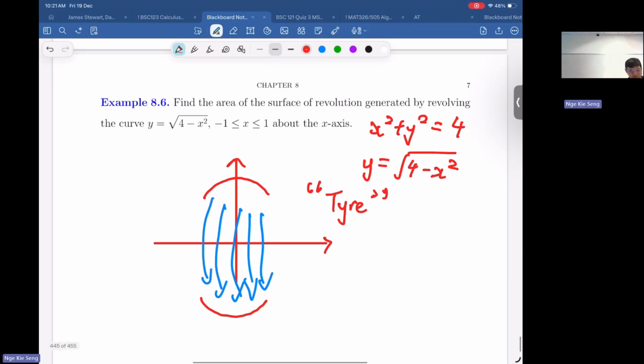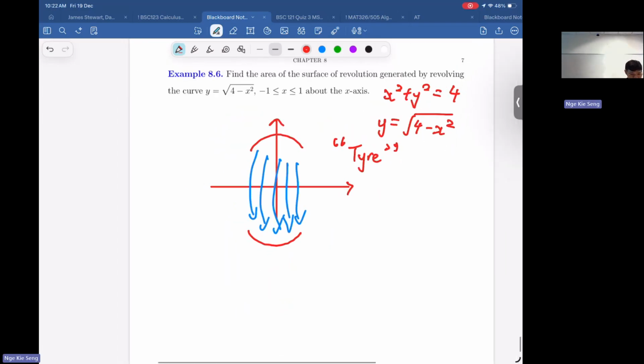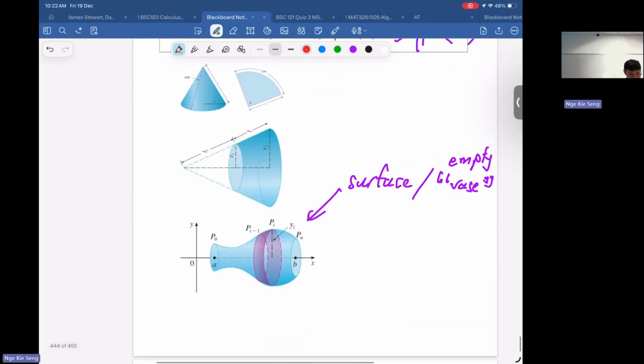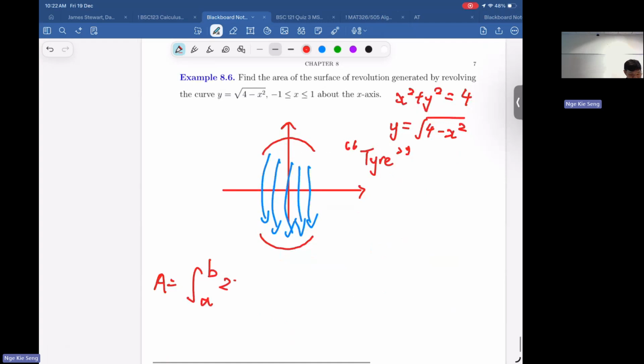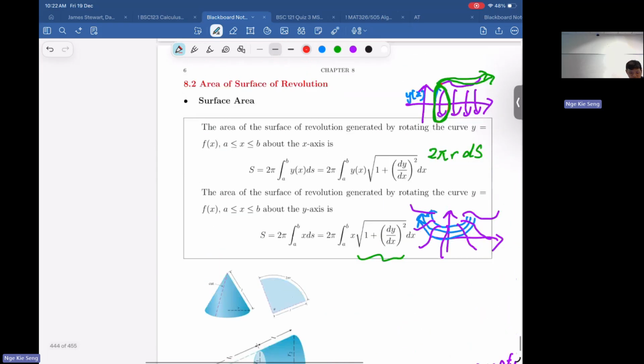To find this surface, what's our formula? Write down our formula first. We need to integrate from a to b of 2 pi. 2 pi is necessarily there, but are you integrating along the x-axis or y-axis? For the x-axis, your radius will be described by your function.